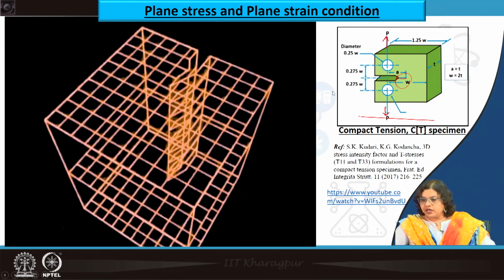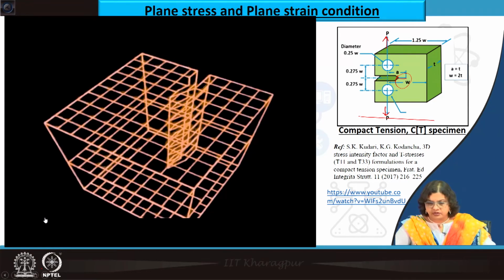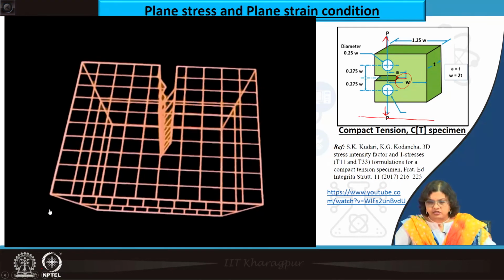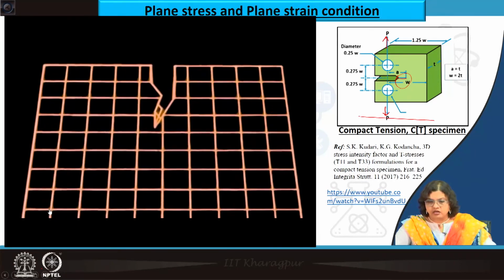Okay, so we have seen that in actual practice, when we have a component like this, how we can see the crack propagation behavior. So, this is a 3-dimensional material or component which is having a crack in it, and we can see how the crack grows.